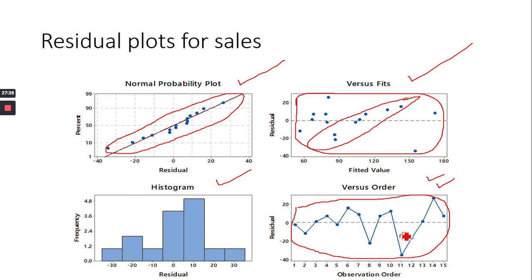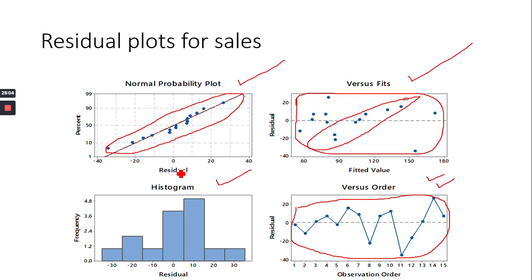We say if the residuals are dependent, there is first order serial autocorrelation. So here we are testing for that using residual versus order. Then residuals versus fits for homoscedasticity, residual versus frequency for normality, and so forth.